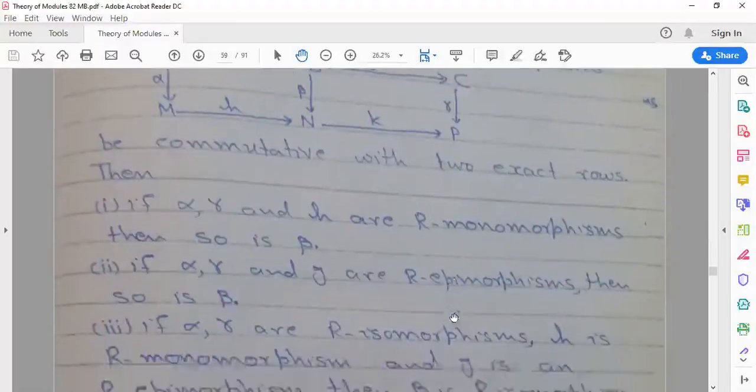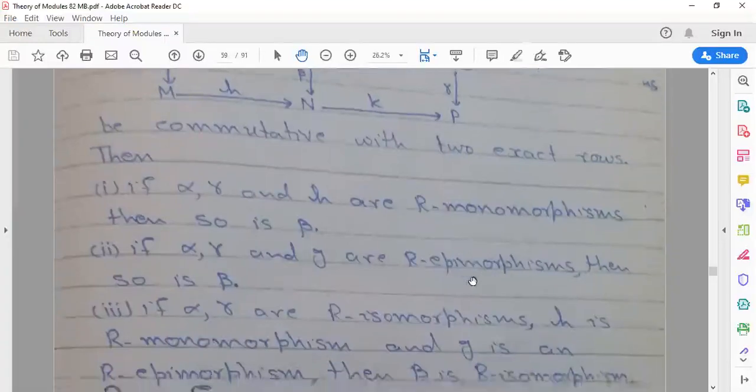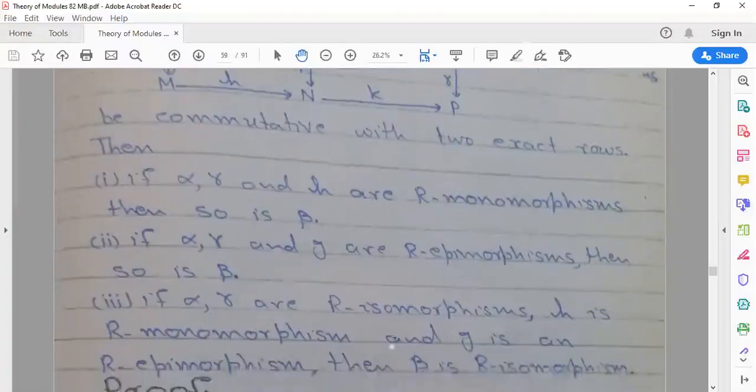And an isomorphism is the combination of both. From here we take homomorphism and one-one, and from here homomorphism and onto. So we have homomorphism, one-one and onto. A bijective homomorphism is called an isomorphism.